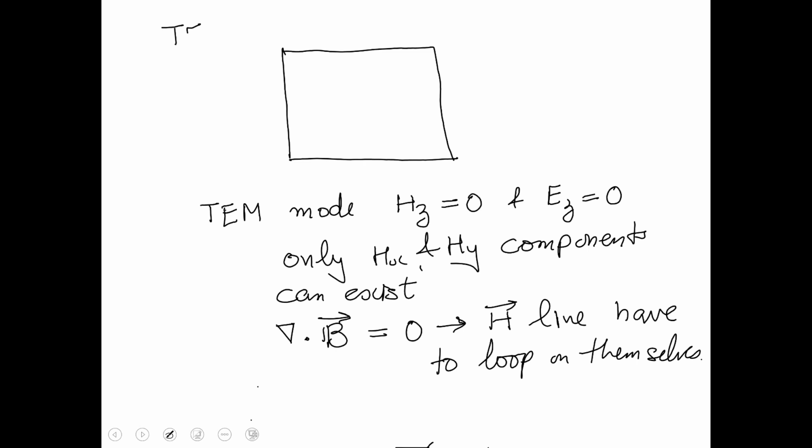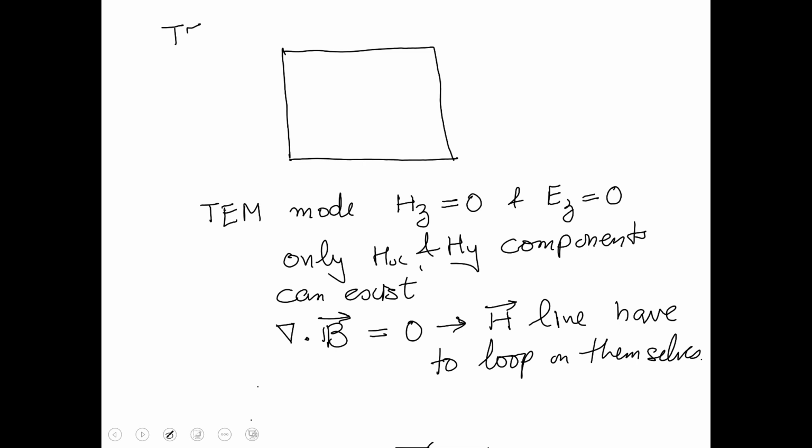Now if a TEM mode was existing, then HZ does not exist, so these magnetic field lines cannot loop around the Z plane, which is what we had seen yesterday when we were doing the TE modes, when we had seen that the H field was looping in a Z direction.